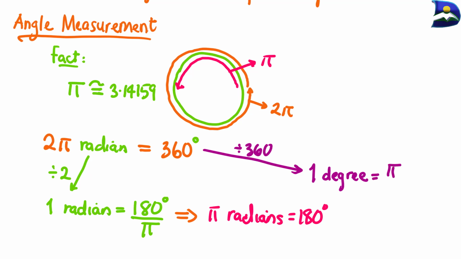Pi over 180 radians. And so when you zoom in, this is what you see right here when you have your 1 degree equal to pi over 180, and this here is reflected as the radians for 1 degree.